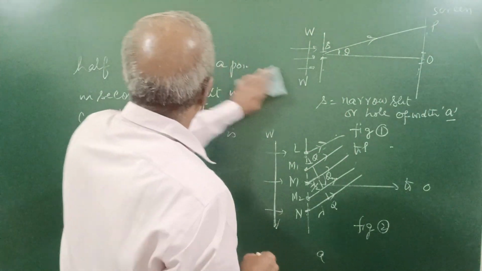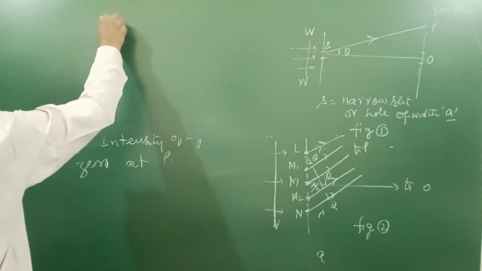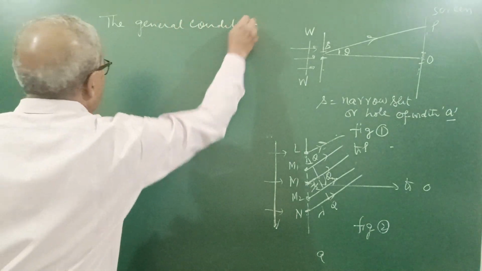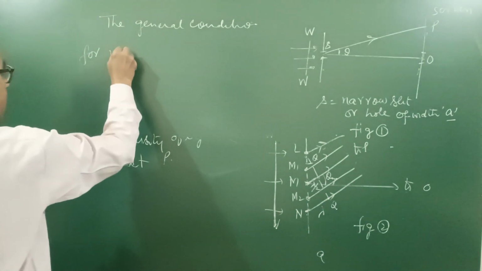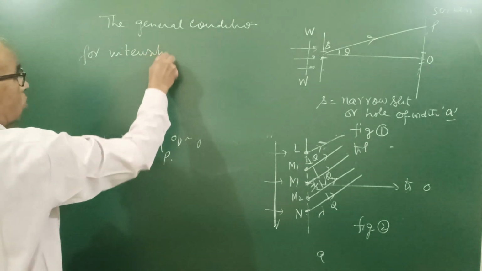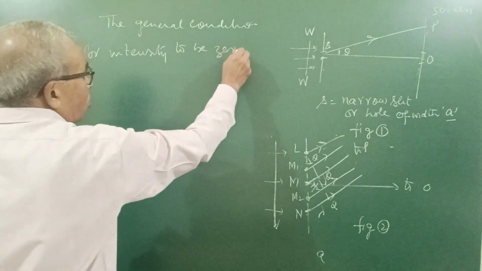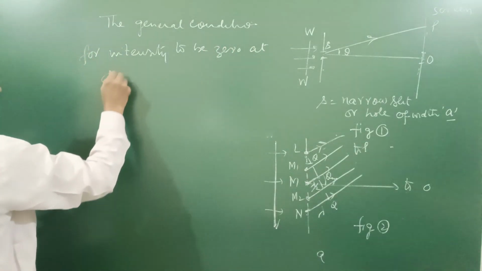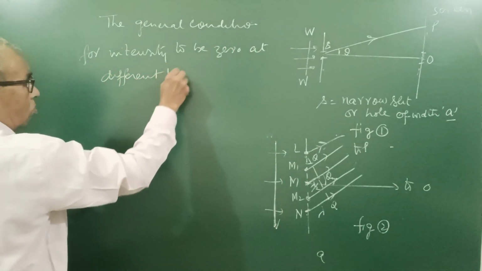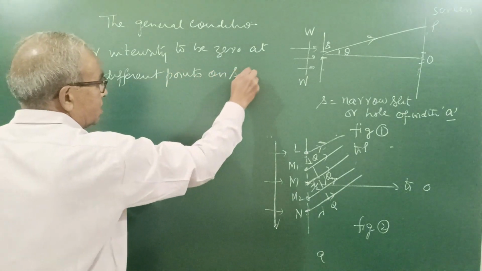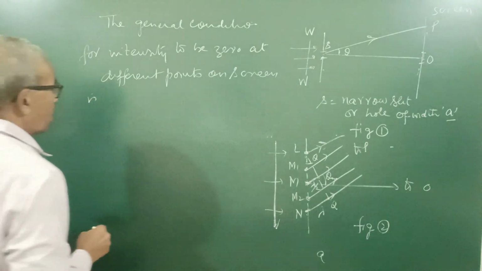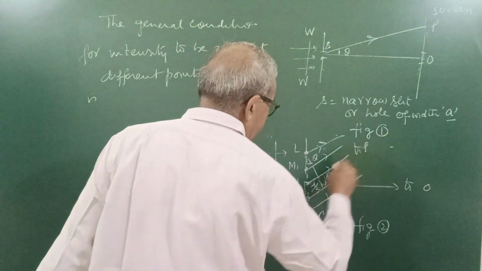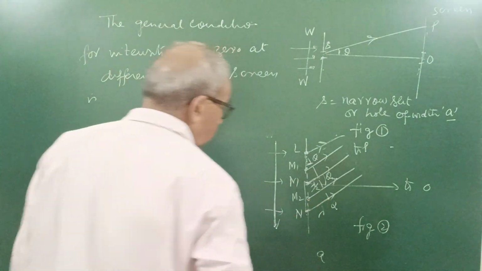And the general condition for intensity to be 0 at different points on the screen is, here it is A, width A, this is theta, this is perpendicular.